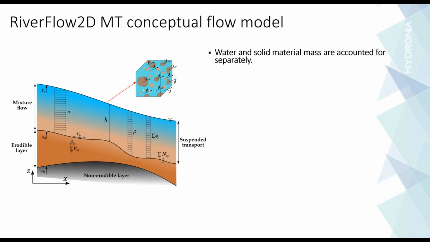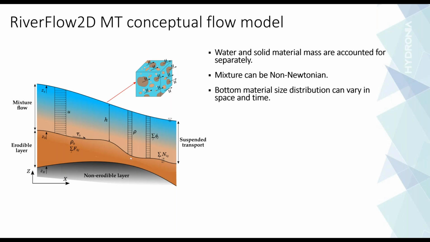Now the MT is a comprehensive two-phase model that deals with water and also the solid material separately. So we can track the characteristics of the solid flow and also the water flow separately. The mixture can be non-Newtonian, which means that it can have variable viscosity and variable yield stress.